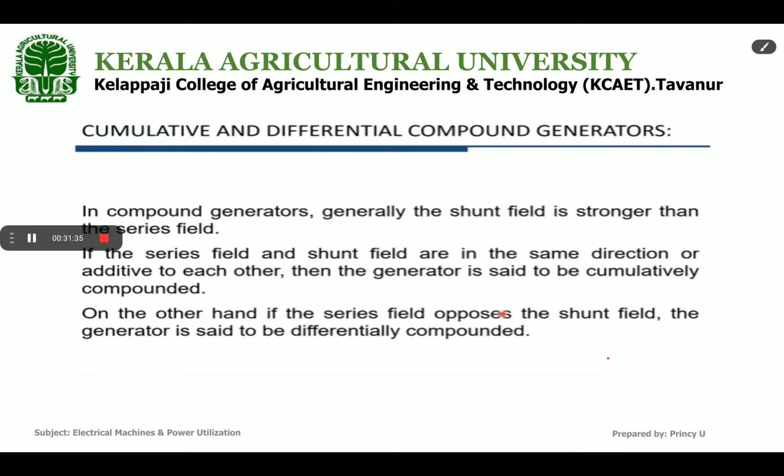So if the magnetic fields produced by the series field winding and shunt field winding are in the same direction, then we call it an additive field, or both fields are additive to each other. Then the generator is said to be a cumulatively compound generator.